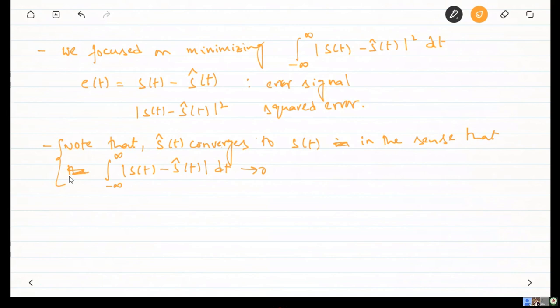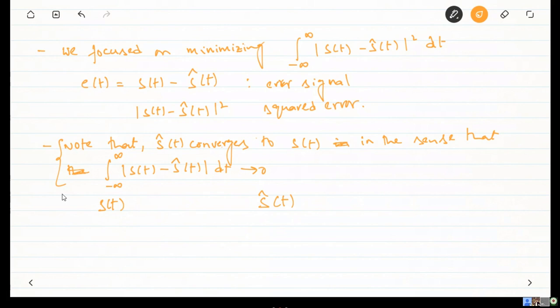So what I'm trying to say is, we have a signal s of t, and we are trying to build a signal s hat of t using a set of orthonormal functions. Then s hat of t is equivalent to s of t in what sense? In the sense that the energy in the error signal is minimum. We are not saying that the error signal is minimum. We are only saying that the energy in the error signal is minimum.